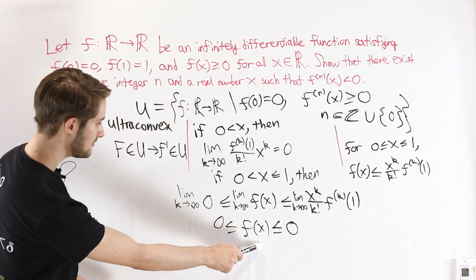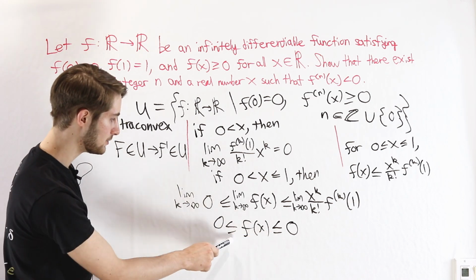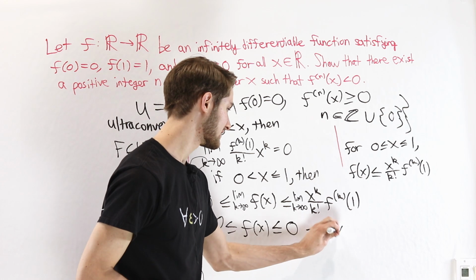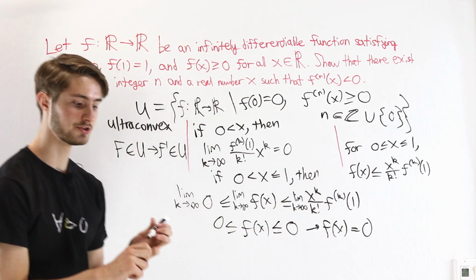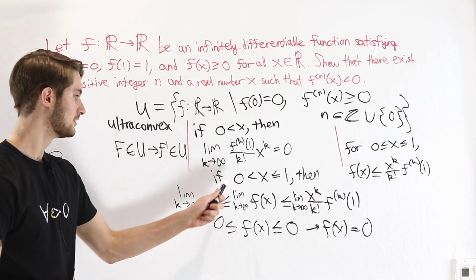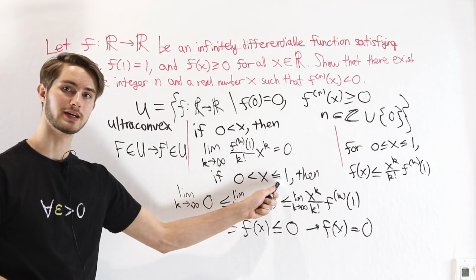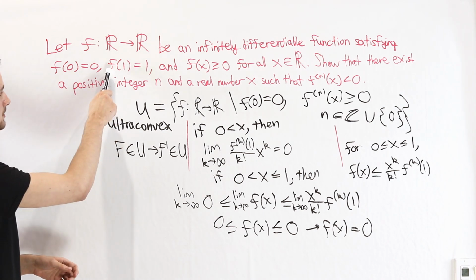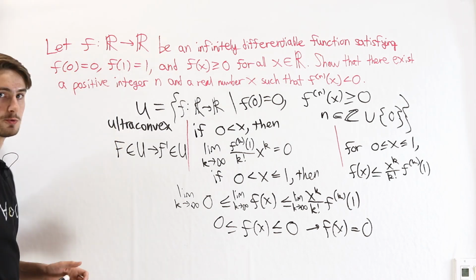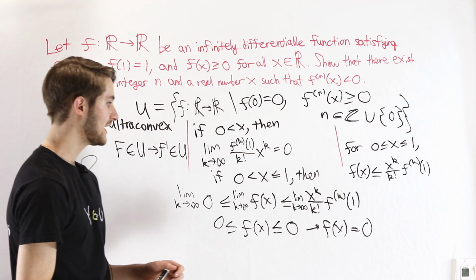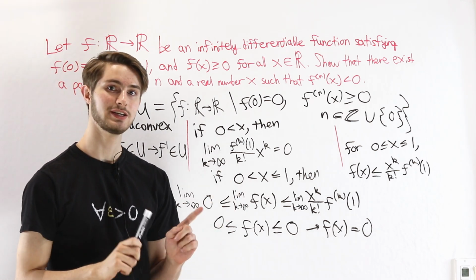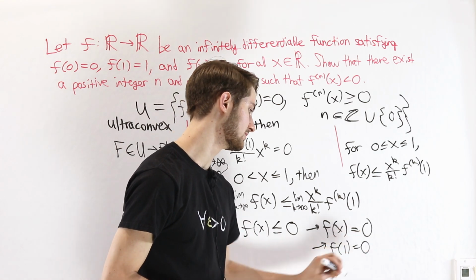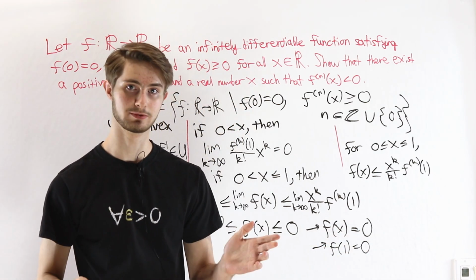So we have f of x being greater than or equal to 0 and less than or equal to 0, meaning f of x is exactly equal to 0 on the interval from 0 to 1, including the value of 1. And our goal was to prove f of 1 is not equal to 1. Well, in fact, f of 1 is definitely not equal to 1 because f of 1 is equal to 0. And that completes the proof.